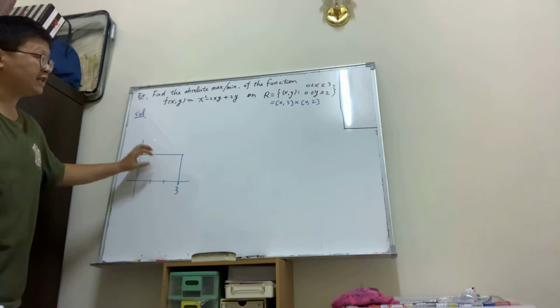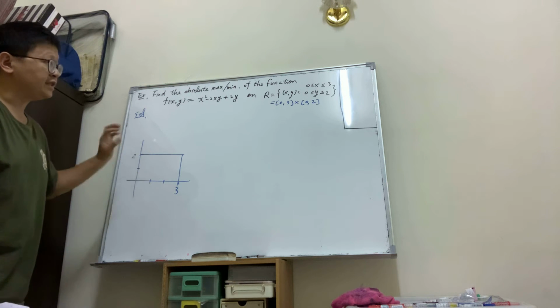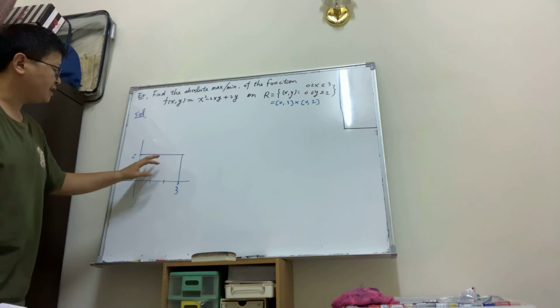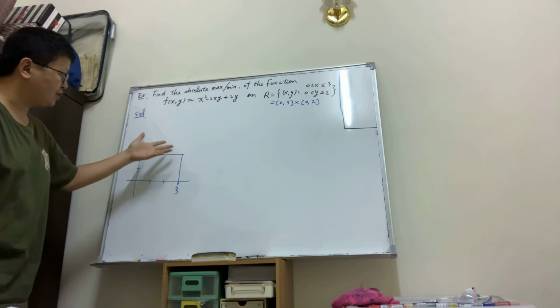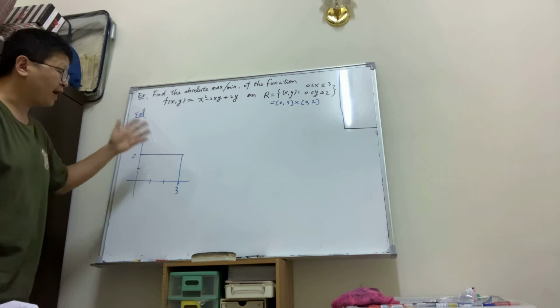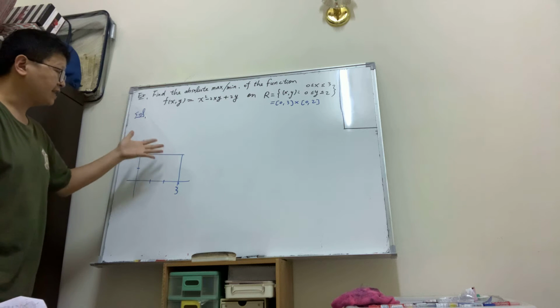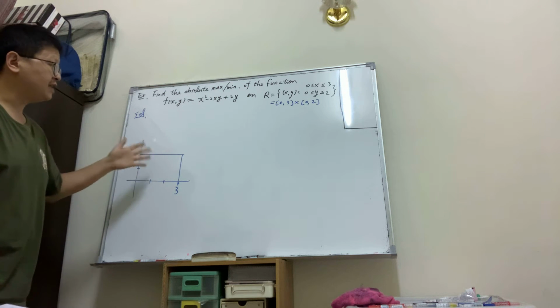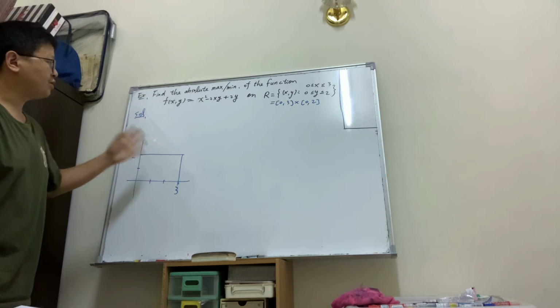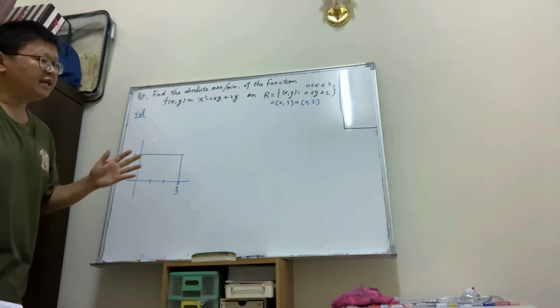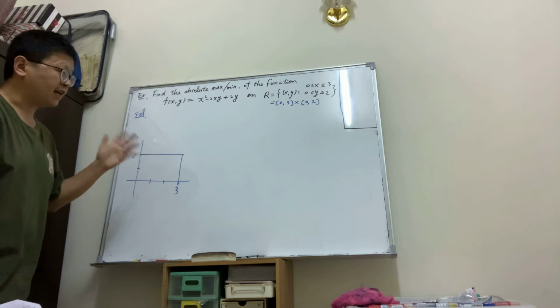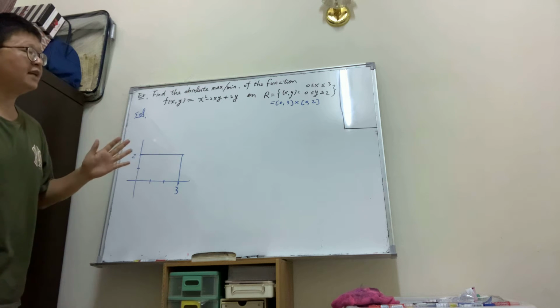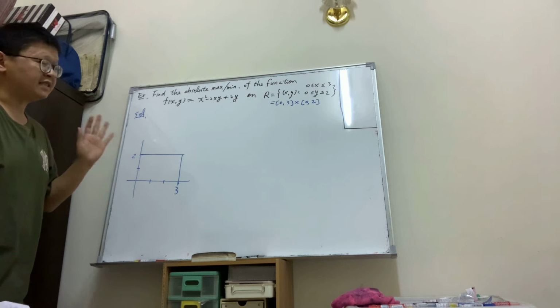Inside, you should consider its critical points. It means that you should consider its partial derivative by x and partial derivative by y, and let them be 0 simultaneously. Otherwise, you should consider the points such that its partial derivative does not exist.